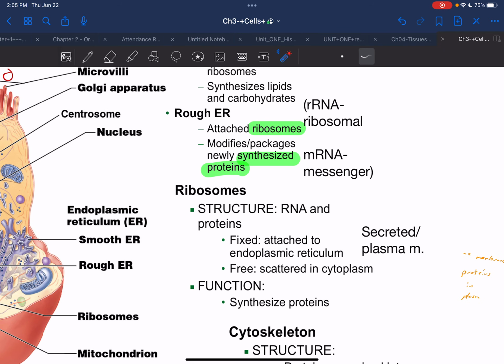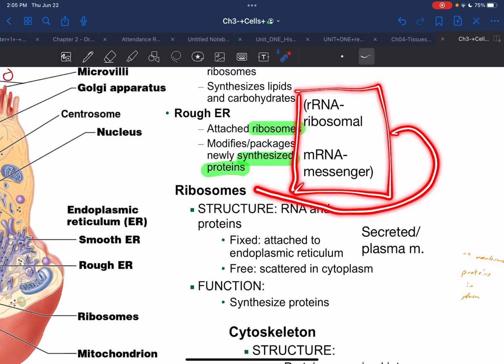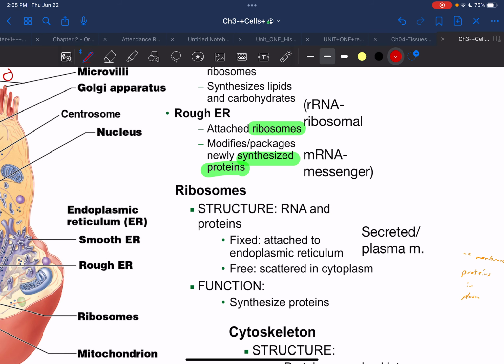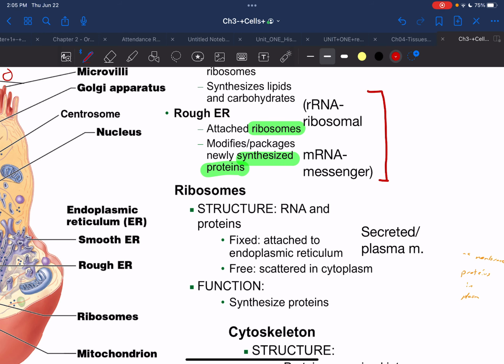But what is relevant now is that when we look at our rRNA, that was one of the types of RNAs we learned about. We learned about mRNA. They are associated with ribosomes. That's all I want you to know for today. Associated with ribosomes.